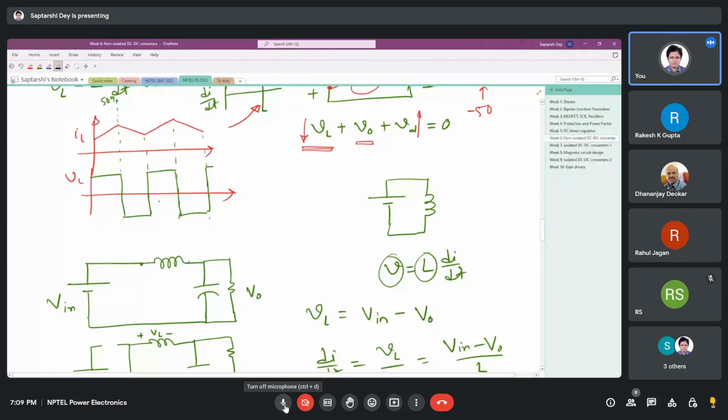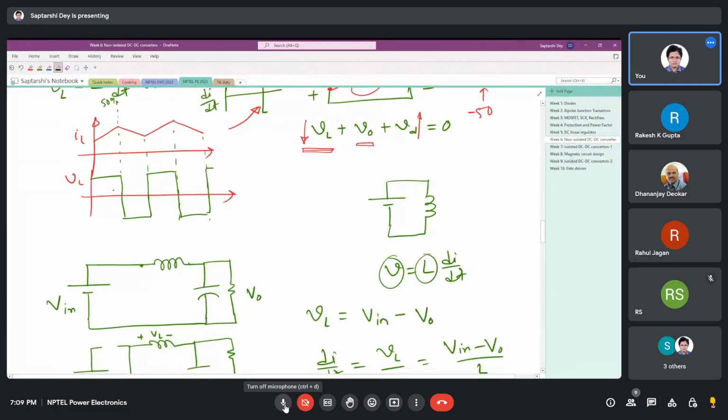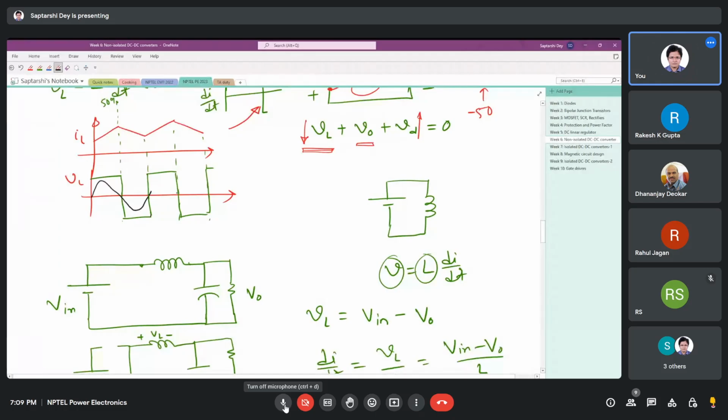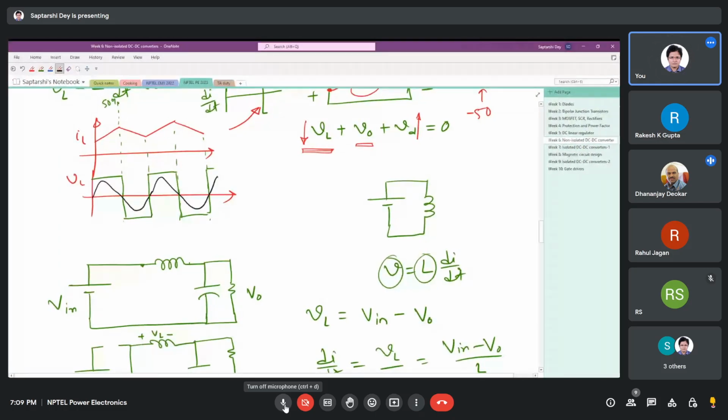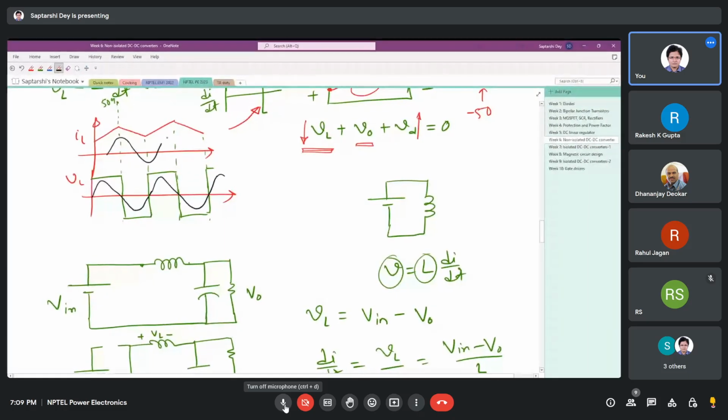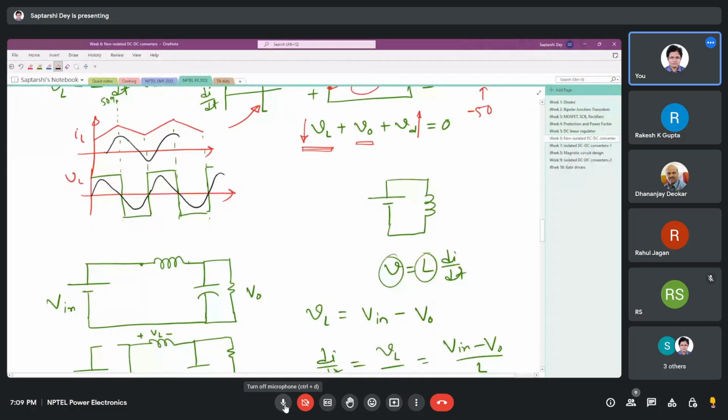Since these are not pure sinusoids, you have to consider the fundamental. Now if I draw the fundamental of the inductor voltage, it is like this. And for this it should be like this. The peak is here, like this.